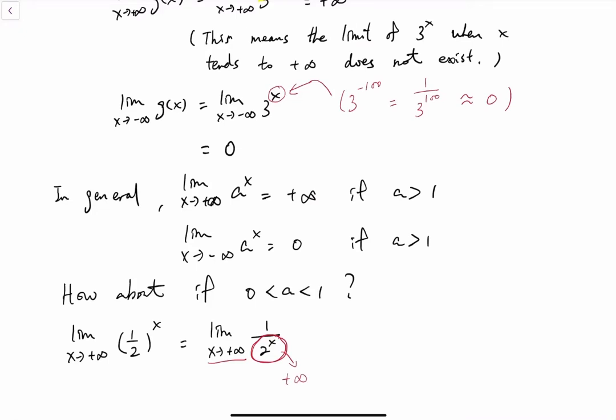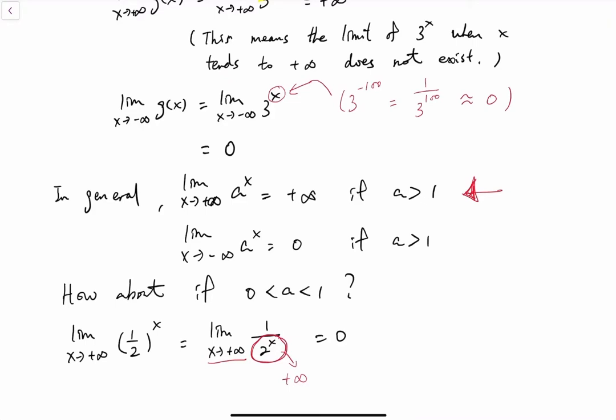Because if we only look at the denominator, it is 2 but not 1 over 2. So we can make use of this case for the denominator only. So 1 over positive infinity means you will get 0, right?